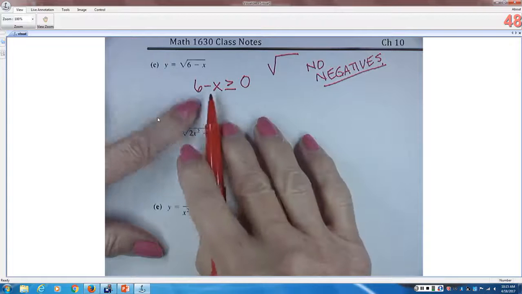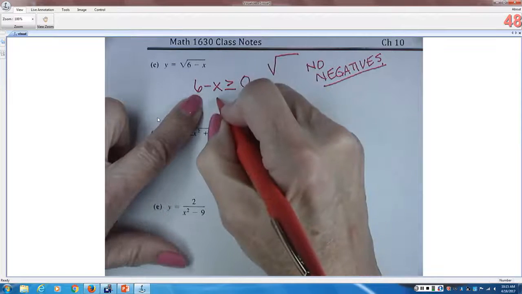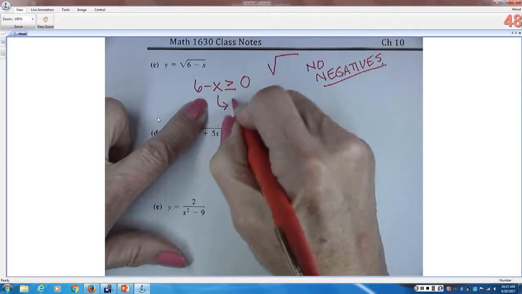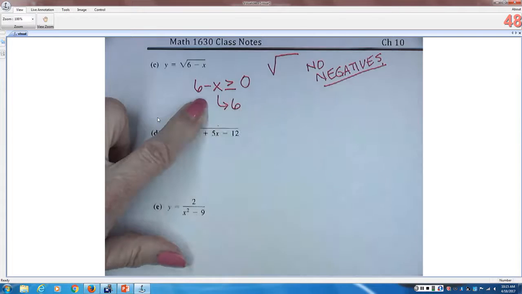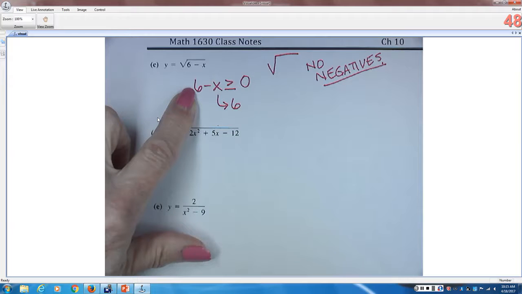Well, actually, what makes this negative would be if x were greater than 6. If it was 7, no. If it was 8, no. 9, no, because when we subtract a bigger number from 6, we get negative numbers.